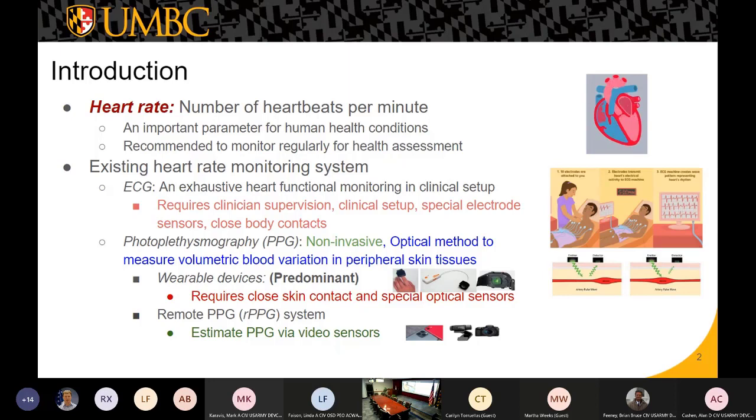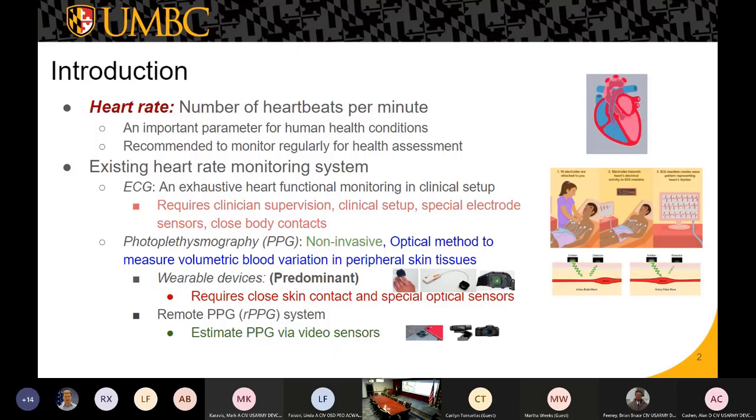Another line of work that we see every day, like our Apple Watch and other wearables, uses the photoplethysmography signal. What that does is measure the volumetric blood volume in the skin from our peripheral body.